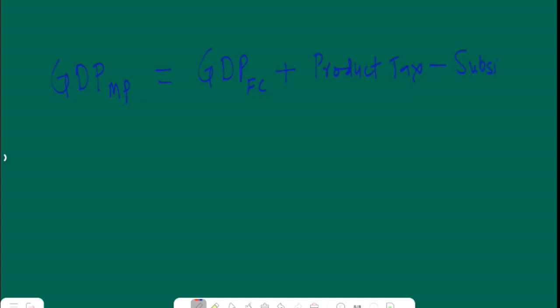This product tax is actually indirect tax, and when we take this whole term as a single, it is called net indirect tax.